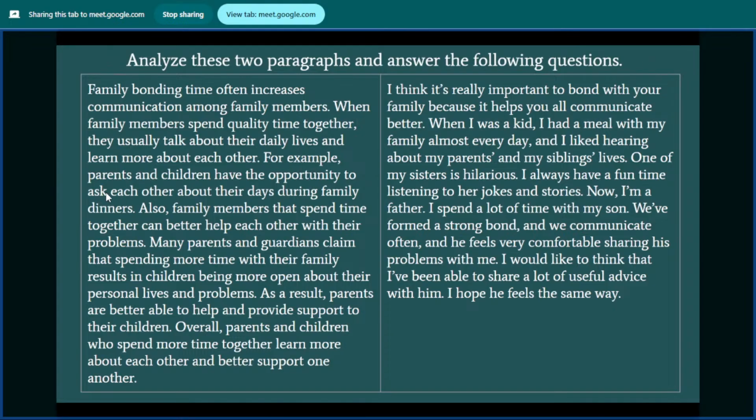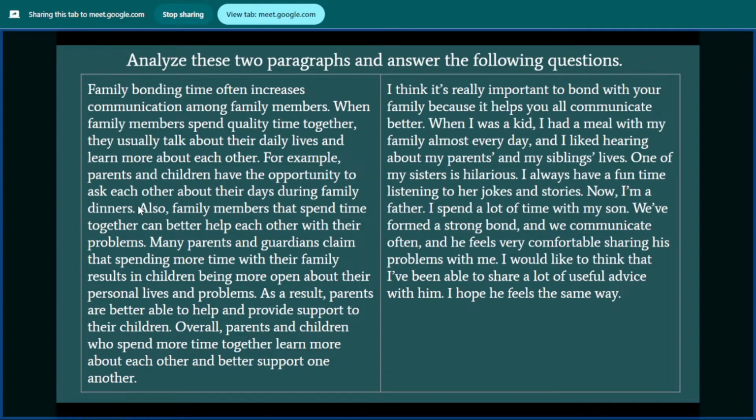For example, parents and children have the opportunity to ask each other about their days during family dinners. Also, I have told you before, right? All these transition words help us score better in our test. Okay, as a result, overall, it's a conclusion word, a transition word that we have. These words help us to score better.